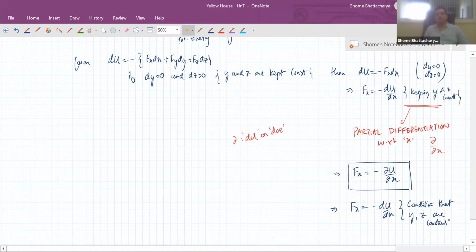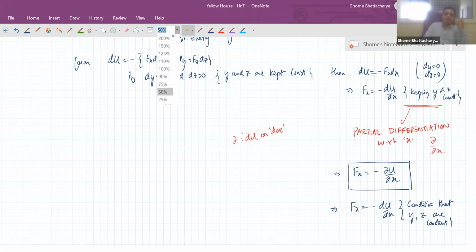They are to be treated like constants. So I'm differentiating u with respect to x, keeping y and z constant. The rate of change that I get is called the partial derivative or the partial differentiation. So the x component of force becomes negative of the partial differentiation of u with respect to x.